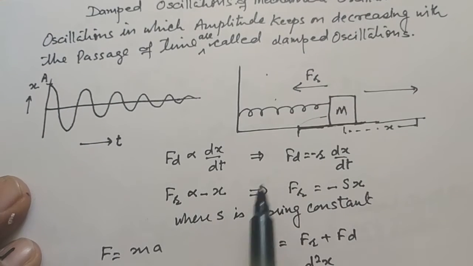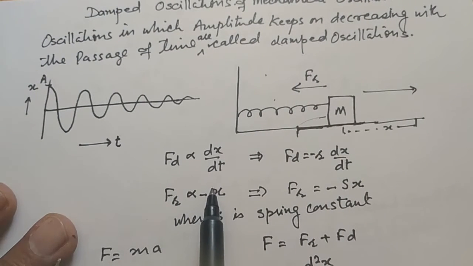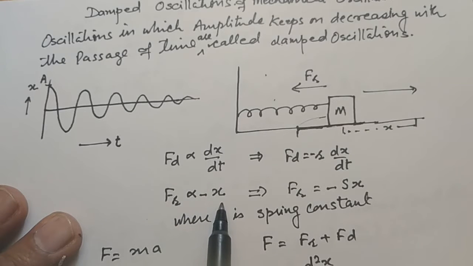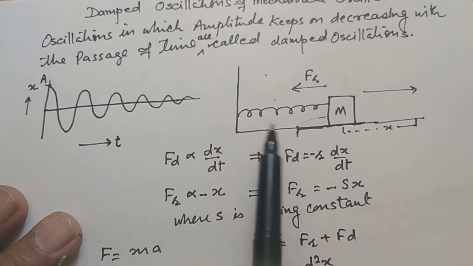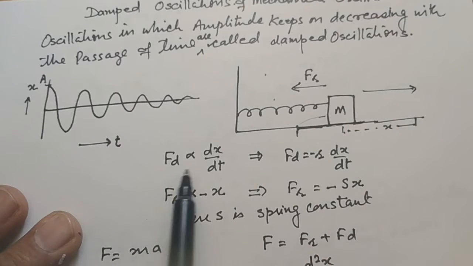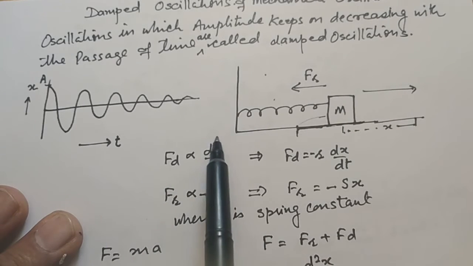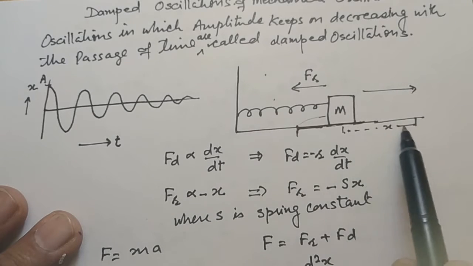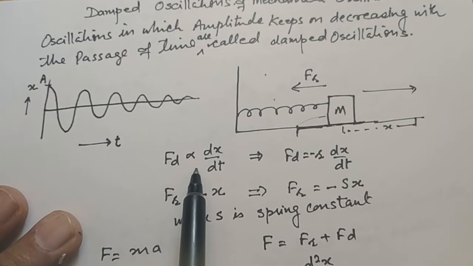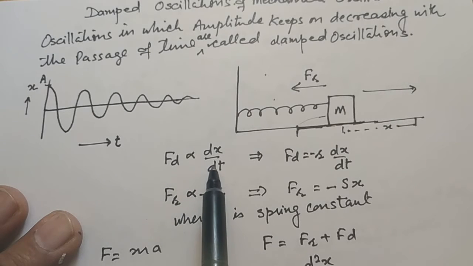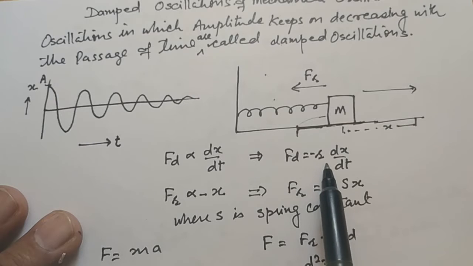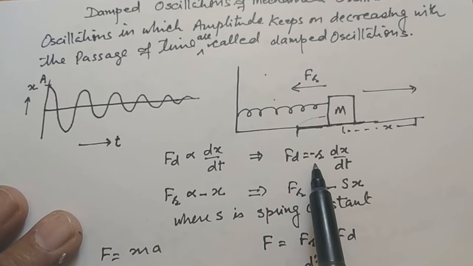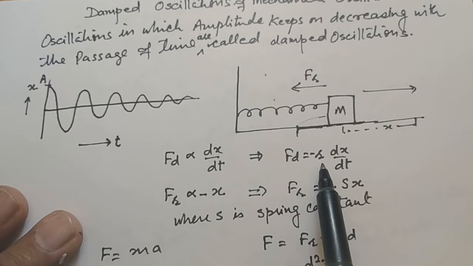We know that in an oscillator we require a restoring force Fr, and in a damped oscillator we have a damping force. Damping force is always directly proportional to velocity, where x is the displacement of the oscillator, and we can write it as minus r dx by dt, where the minus sign shows retarding force and r is the coefficient of proportionality.